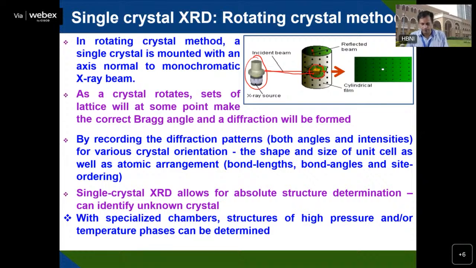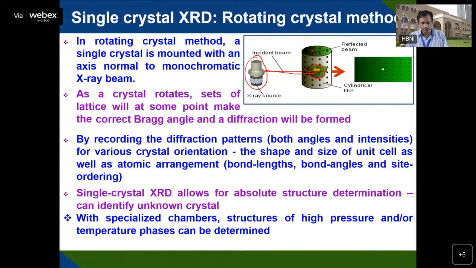By recording the diffraction pattern, both angle and intensity, that means 2 theta versus intensity for various crystal orientations, we get information about shape, size, unit cell, as well as atomic arrangement like bond lengths, bond angles, and site ordering. Those bond lengths and bond angles are an additional benefit of single crystal XRD.